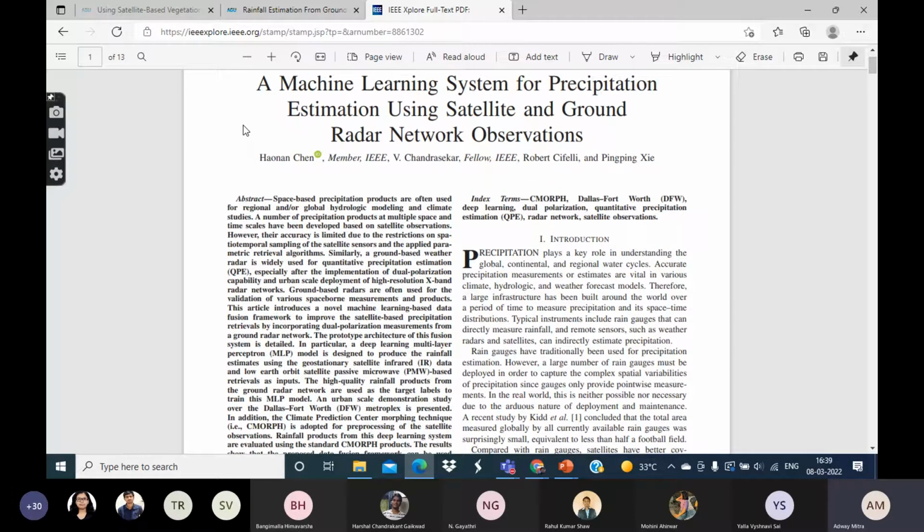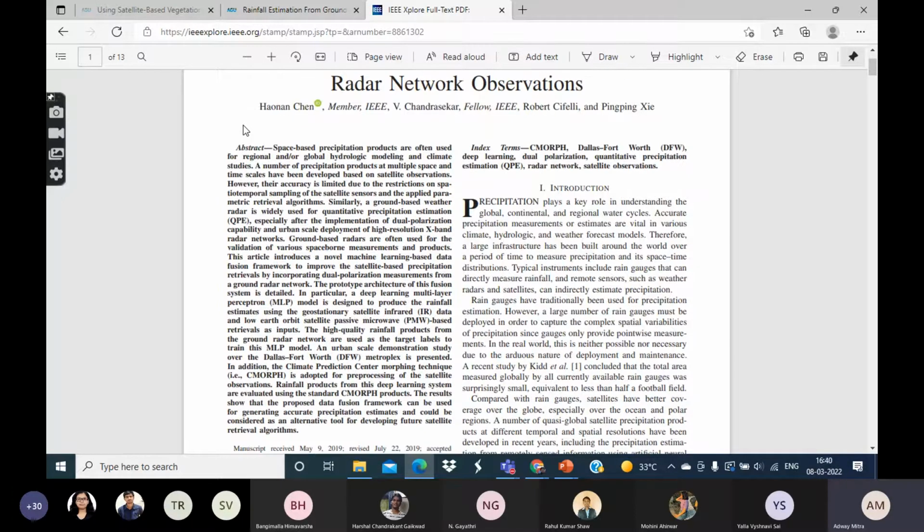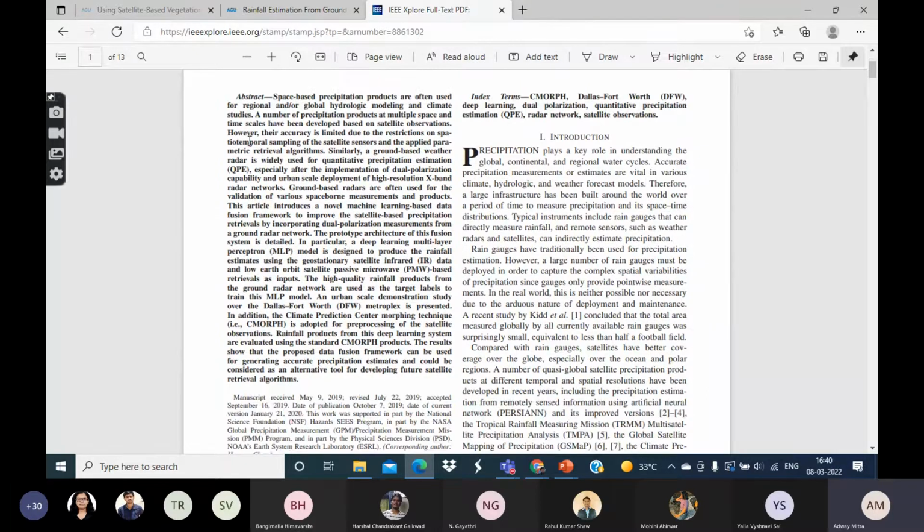space-based precipitation products are often used for regional and or global hydrologic modeling and climate studies. A number of precipitation products at multiple space and time scales have been developed based on satellite observations. However, their accuracy is limited due to the restrictions on spatiotemporal sampling of the satellite sensors and the applied parametric retrieval algorithms.